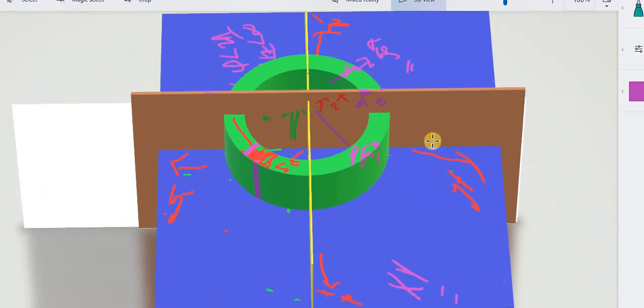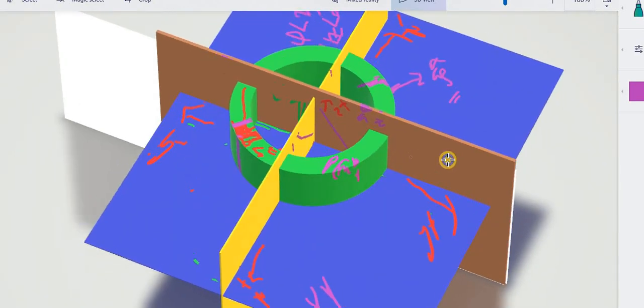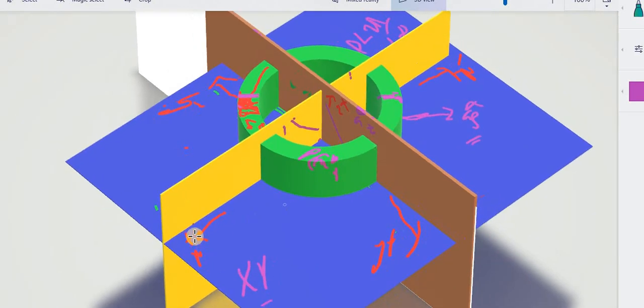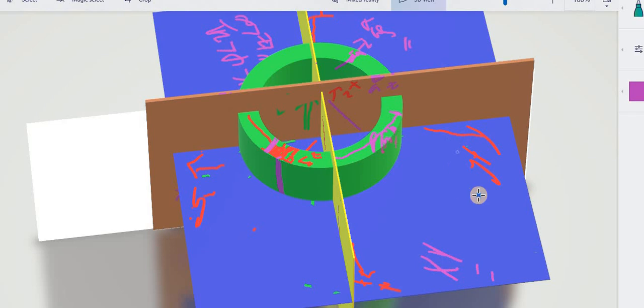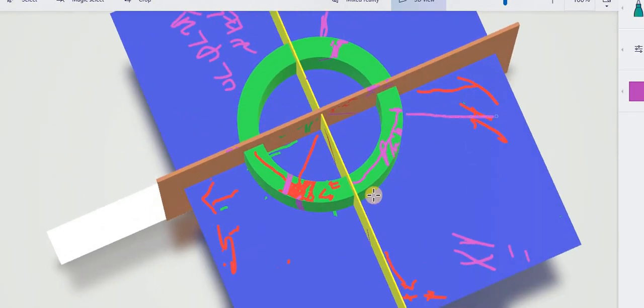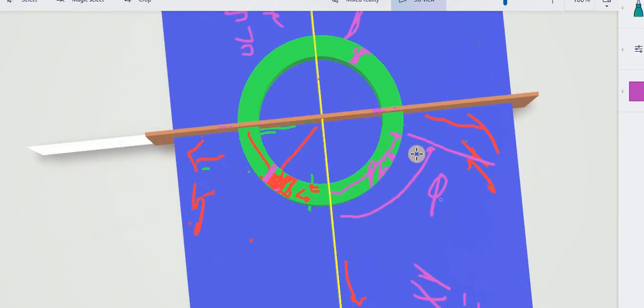Now take any point, suppose x. From the positive x axis, going anti-clockwise, somewhere here we stop. This angle covered with respect to this axis is phi.